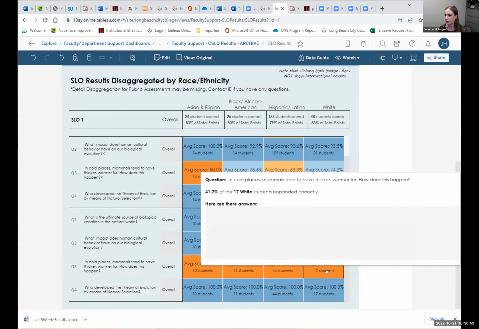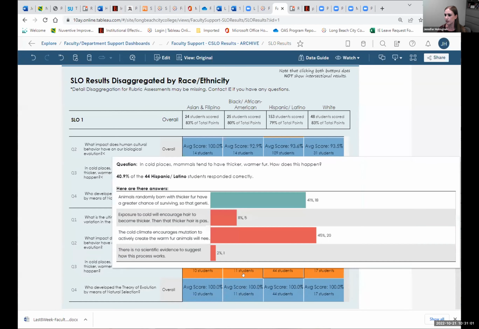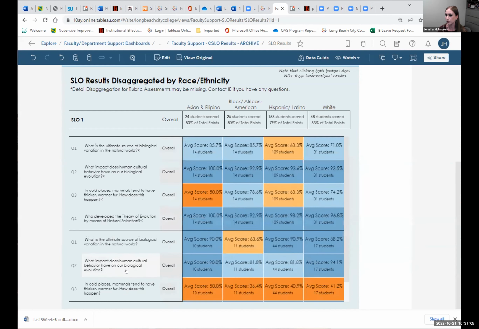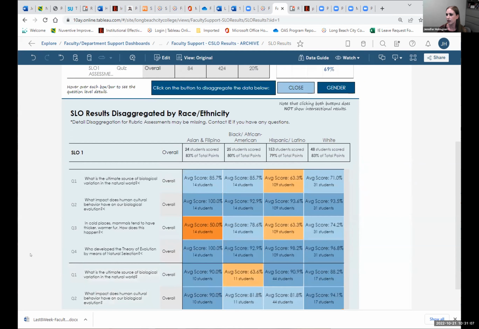But for these semesters, we can see across the board, students did not do well on question 3 again. And so we really want to focus in on that as well. So faculty would do an analysis on this to really determine, you know, where are some equity gaps that we could potentially address to support student learning and closing those equity gaps.